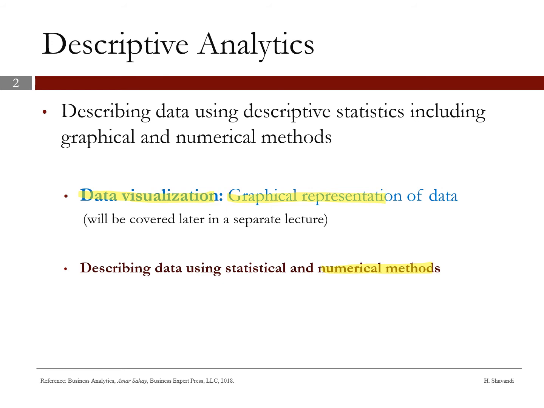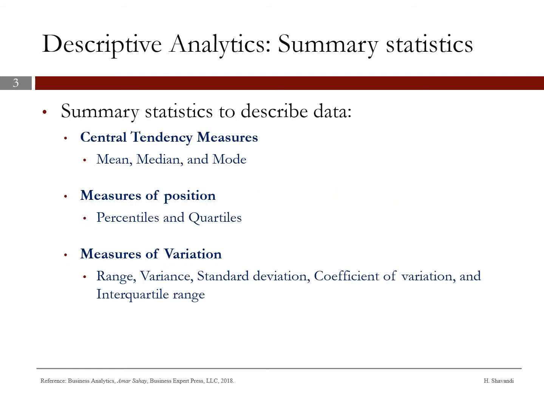Okay. In summary statistics, we have 3 categories of measures: central tendency measures, measures of position, and measures of variation. In central tendency measures, we have 3 measures: mean, median, and the mode.